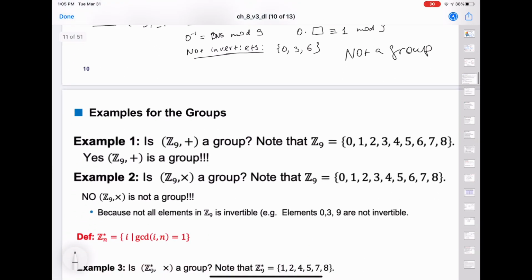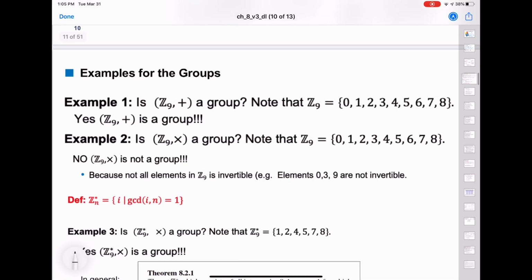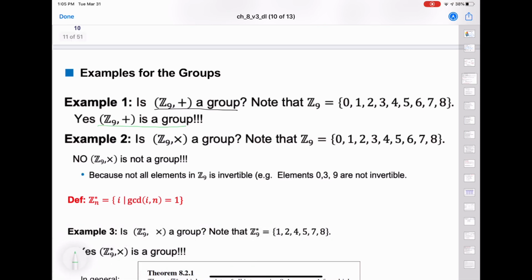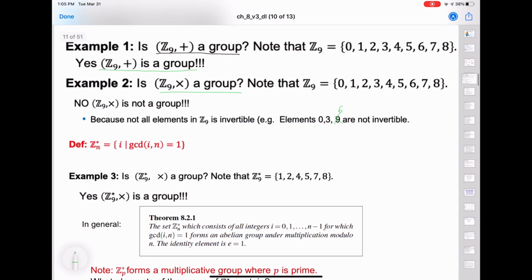So now I did a similar example over here. Z9 under addition is a group. How about multiplication? It's not a group because 0, 3 and 6 are not invertible. And another one is Z9 star.